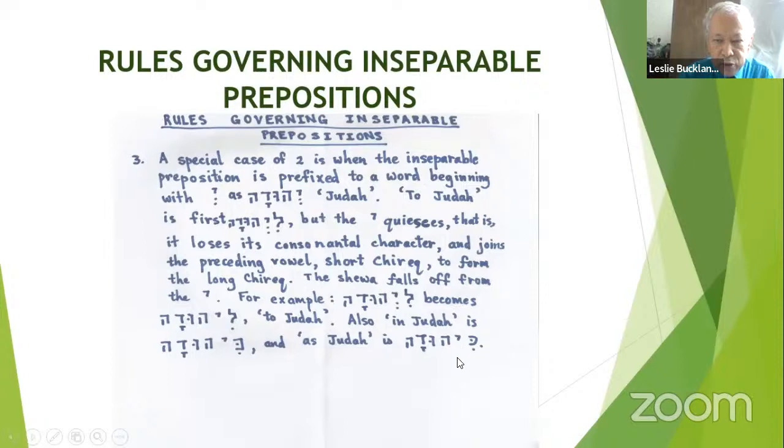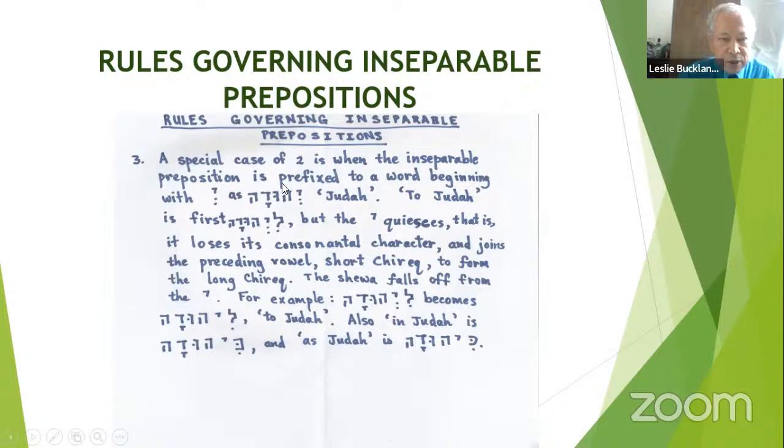The simple schwa drops out, and so what is left is the yod and the short hirik joining together to form the long I sound. So you have li Hutha, to Judah, bi Hutha, in Judah, ki Hutha, as Judah.